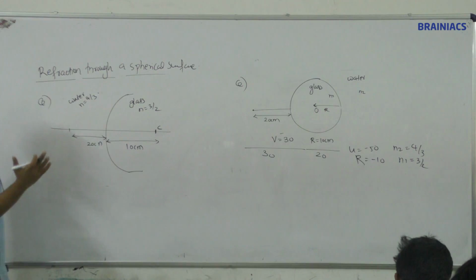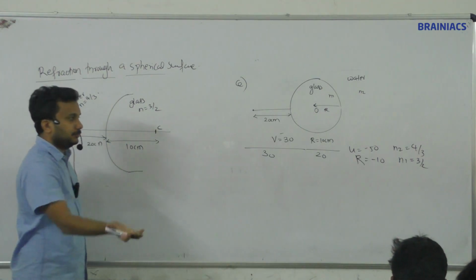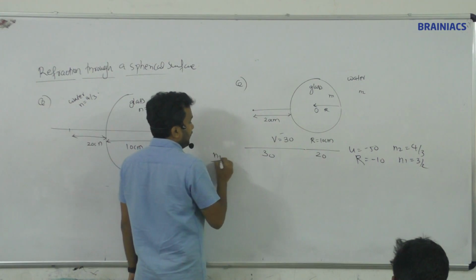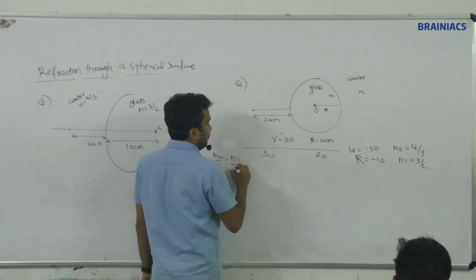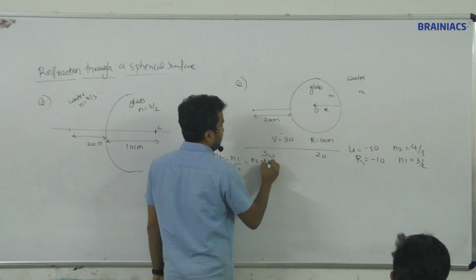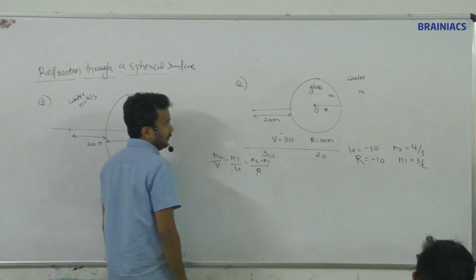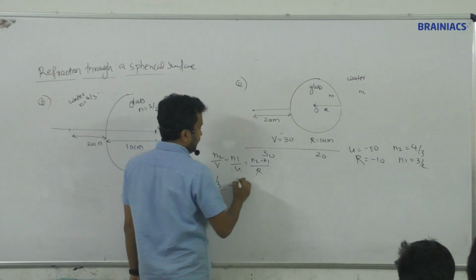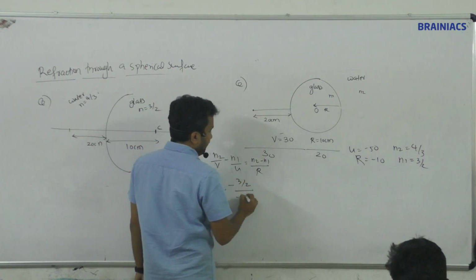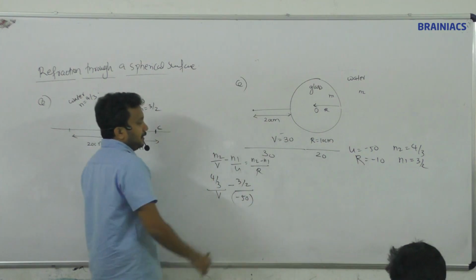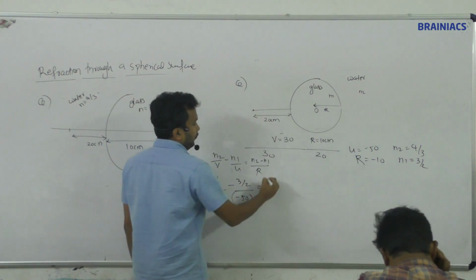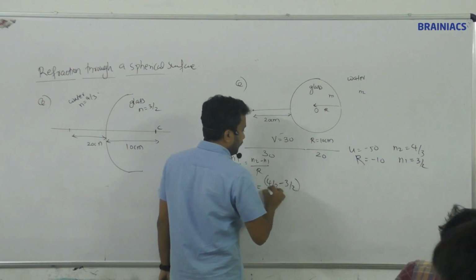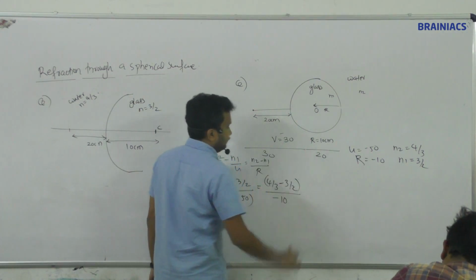N2 divided by V minus N1 divided by U equal to N2 minus N1 divided by R. 4 by 3 divided by V minus 3 by 2 divided by minus 50 is equal to 4 by 3 minus 3 by 2 whole divided by minus 10.